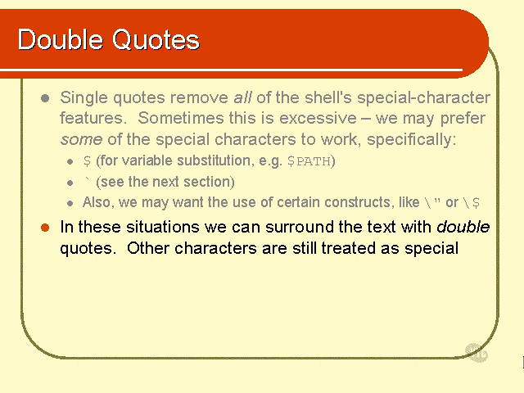If we surround the given text with double quotes instead of single quotes, then the above 3 different types of features will still remain special, while the other characters will be non-special. So that's actually a typo on the screen in front of you. That should be: the other characters are still treated as non-special. Let's look at that example.